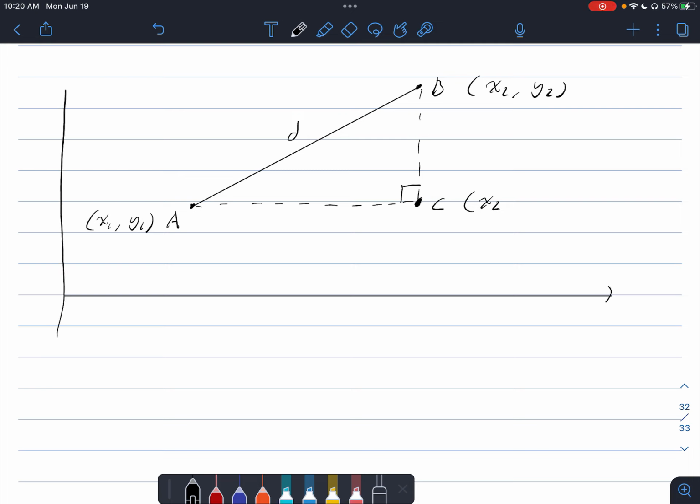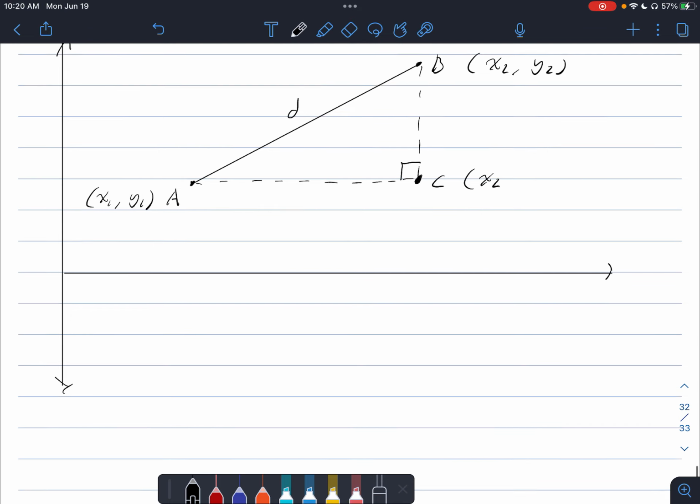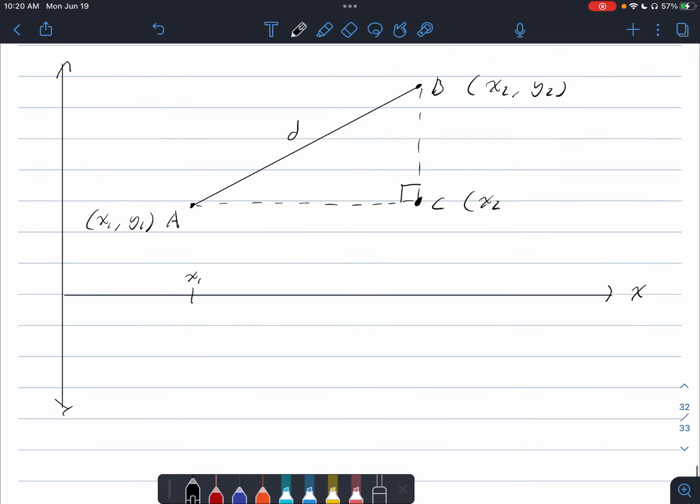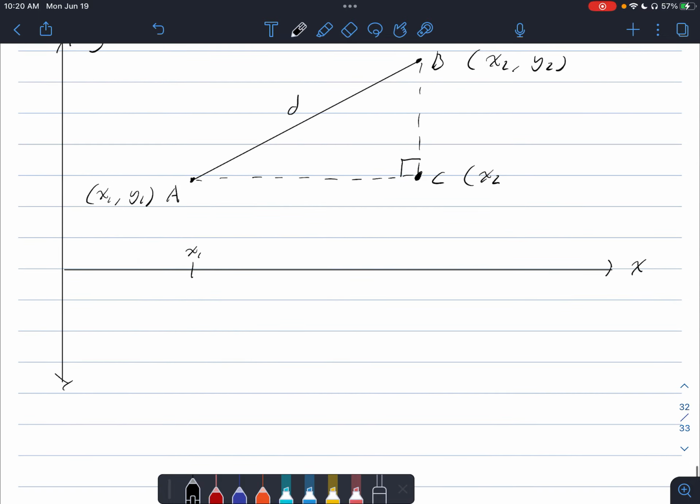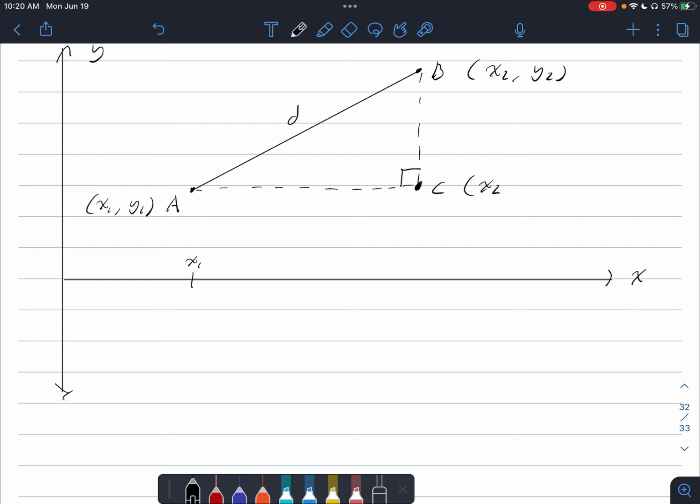Okay, so if we think of the number lines associated with the plane, we can demonstrate that here. Okay, we can see that A here is at x1. We'll see this is our x-axis. This is our y-axis here. Okay, A has x1, and then B is going to have x2.